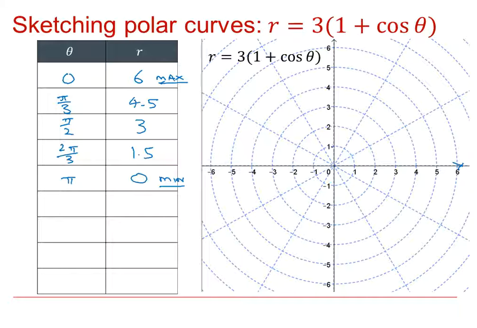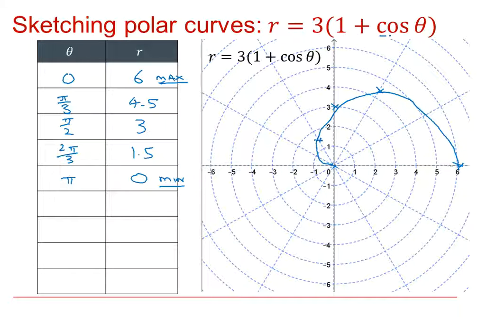When I'm pointing at pi by 3, I am 4.5 units away. At pi by 2, 3 units away. At 2 pi by 3, I am 1.5 units away. And at pi, 0. So we're starting to build up a picture of this curve like that.